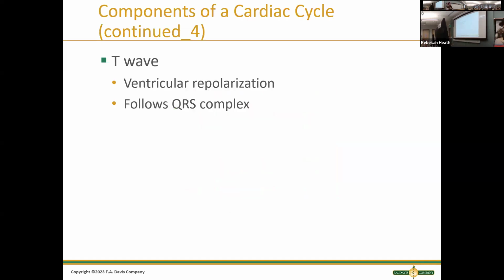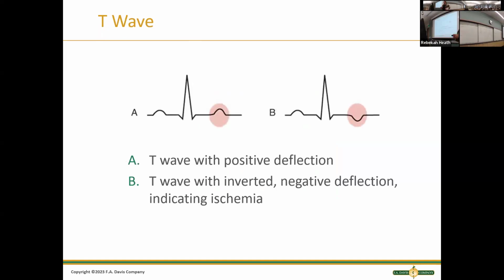All right, the T wave, that's what happens once the ventricles are repolarizing. Everything's kind of relaxing, getting ready to fill back up. It's after the QRS complex. Sometimes your T wave, if you've had some damage to your heart, instead of being nice and upright like this, might be inverted or upside down. And it's not the same as looking at one of those leads on the legs, because if you're looking at a leg lead, everything's going to be inverted.